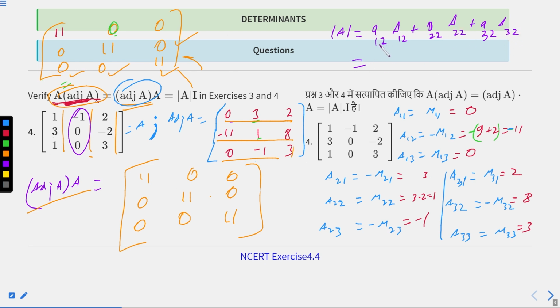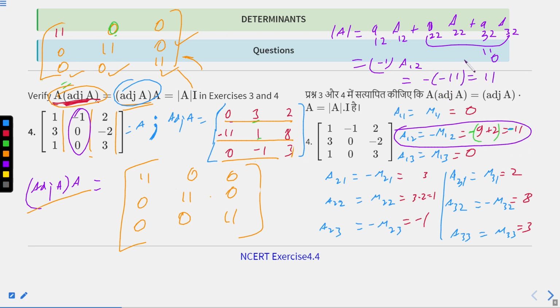So A12 will be what? As you can see, minus 1, and A22 is 0, A32 is also 0. So these will vanish, become 0. Now your determinant will be minus of A12, and A12 is this, which is minus 11, so minus of minus 11, you will have 11.